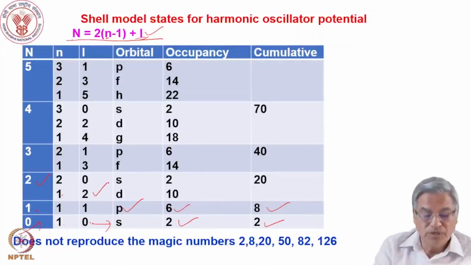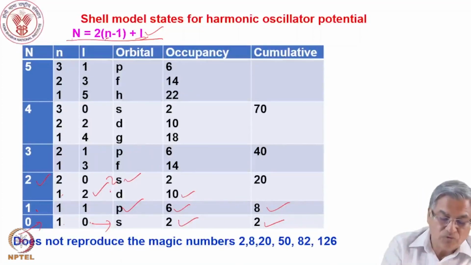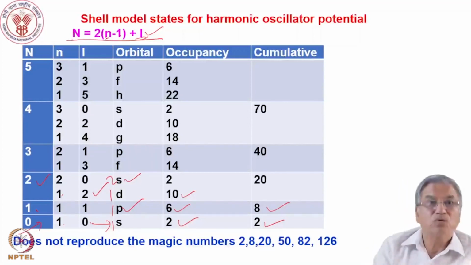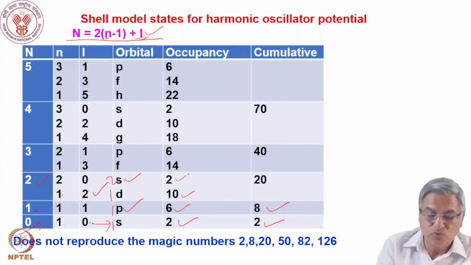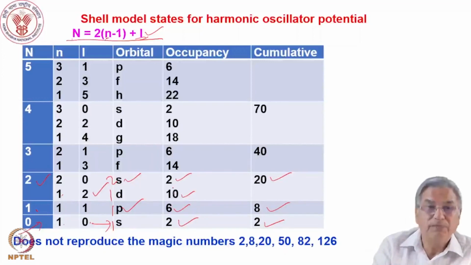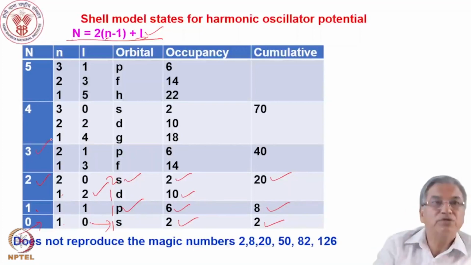L equal to 2 is the D state, and it can occupy 10 nucleons. In combination with that, you can have n equal to 2, so 2 minus 1 is 1, 1 into 2, 2 plus 0, so you can have a 2s state. So basically you will have 2s, 1d, 1p, 1s. So you will have a 2s orbital close to the 1d orbital, which can take 2 nucleons, and the total occupancy becomes 6 plus 2 plus 10 plus 2, you will have 20 nucleons.